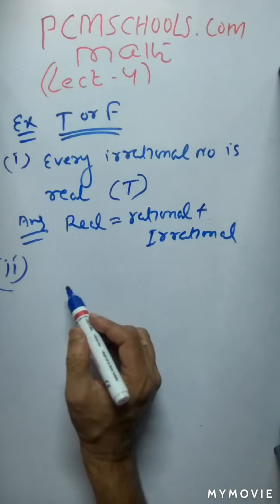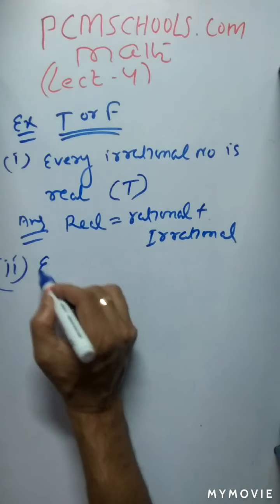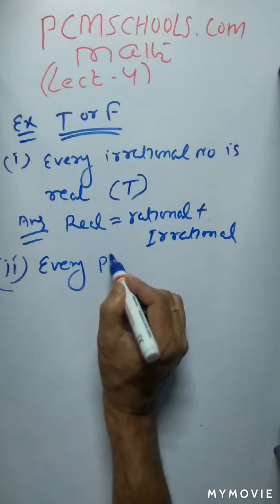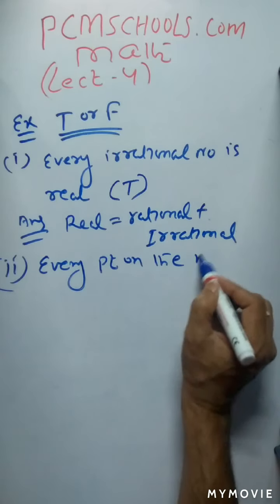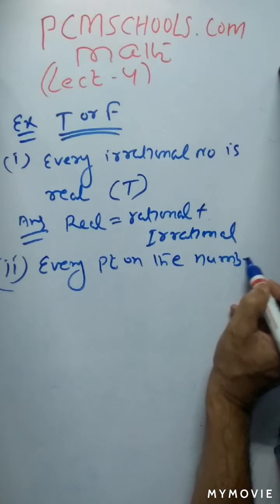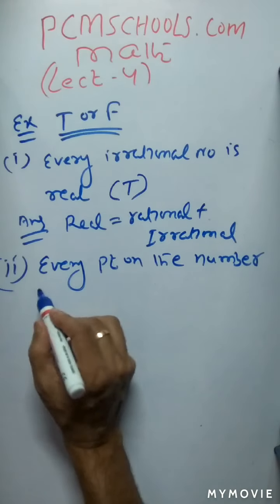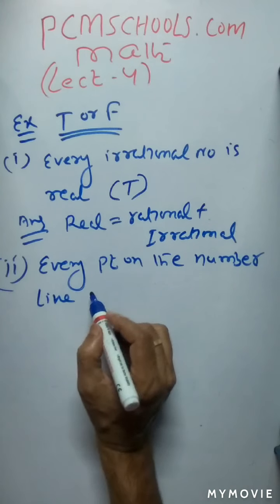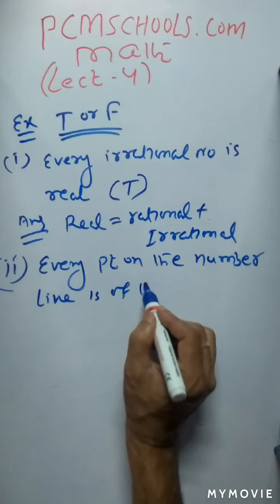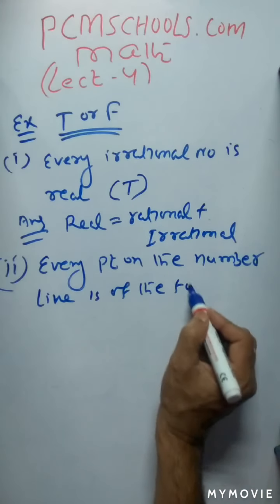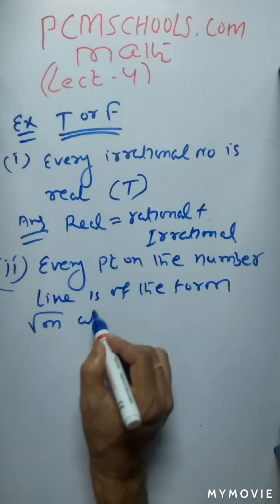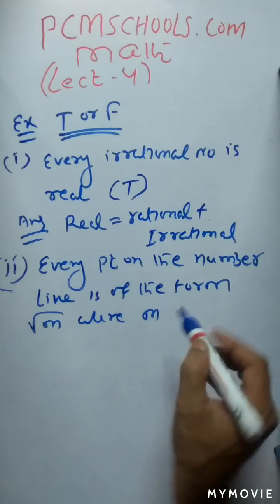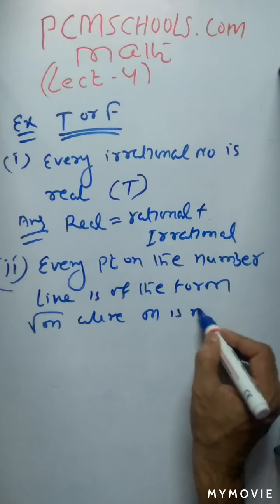Second statement: every point on the number line is of the form square root of m, where m is a natural number.